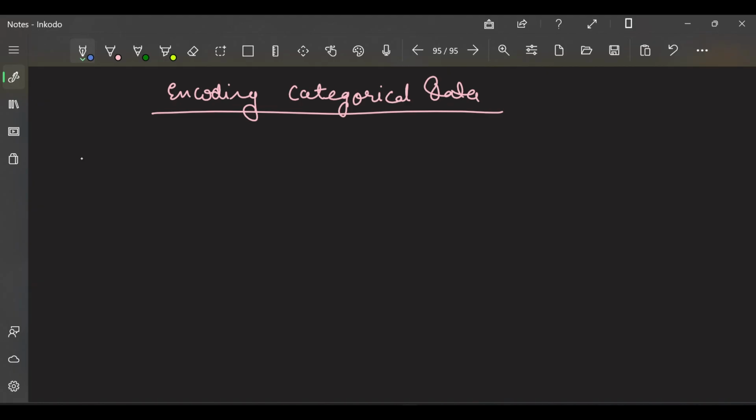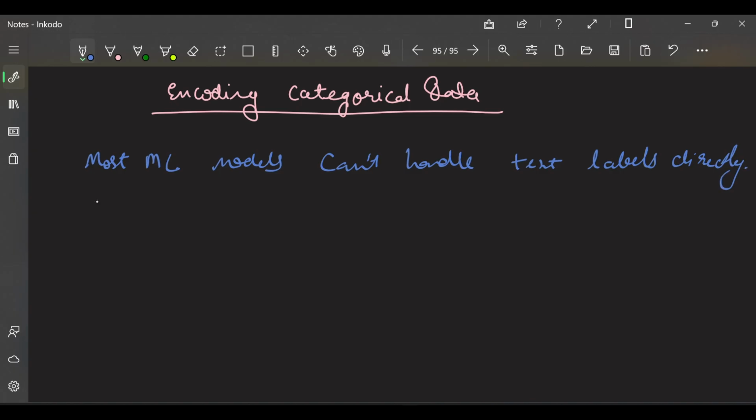The problem is that most ML models cannot handle text labels directly. So they require numerical input.